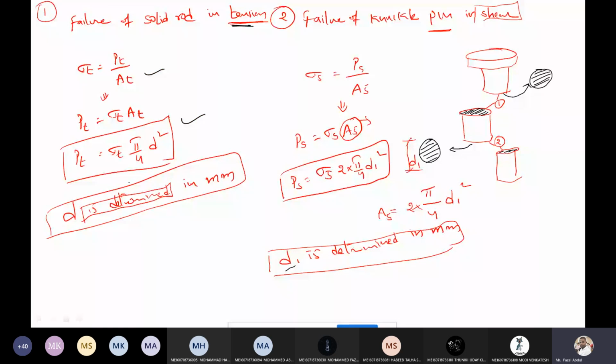With this equation, D is determined. So Pt is given as 150 kilonewtons, meaning 150 into 10 to the power of 3, and sigma t value is given in the question as 75 megapascal. Substitute these values. Tell me the D value in mm.